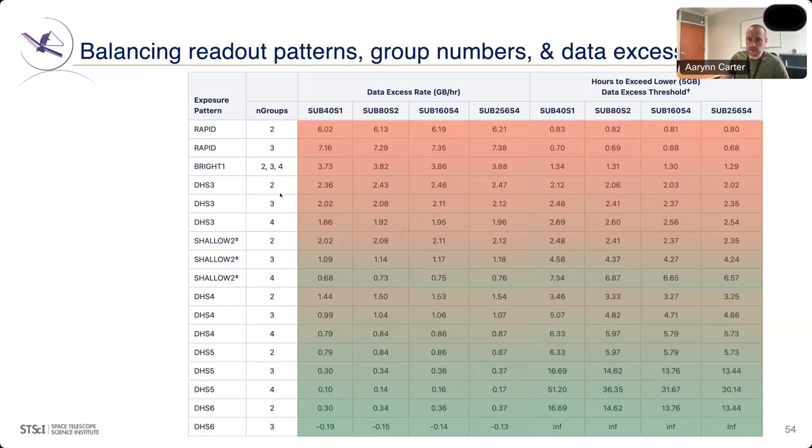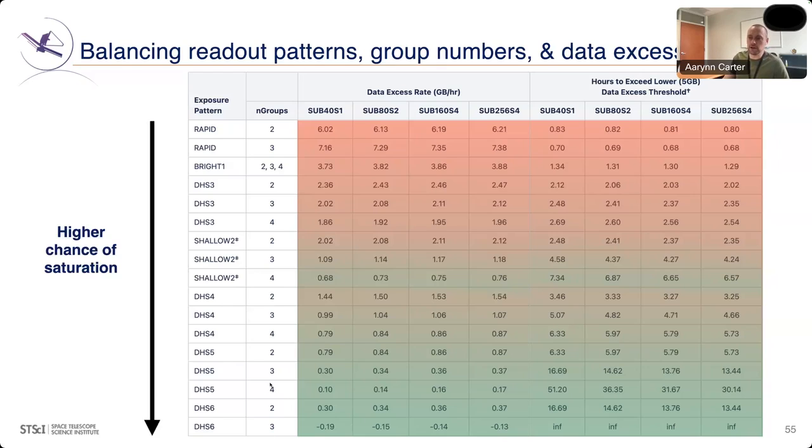The only caveat is as you move down on this chart, you make your ramps longer. And by making the short wavelength ramp longer, you have to make the long wavelength ramp longer. So you have a higher chance of long wavelength saturation.